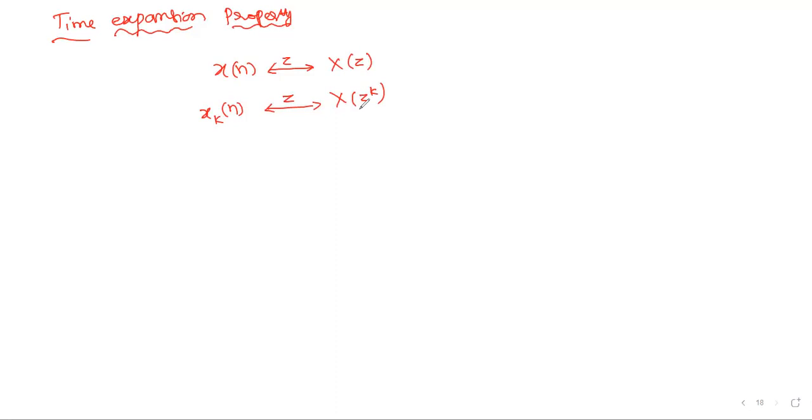Now X(z^k), how to prove this? Let me take y(n) = x_k(n), whose transform will be X(z^k) = Y(z). Now we will write the proof.